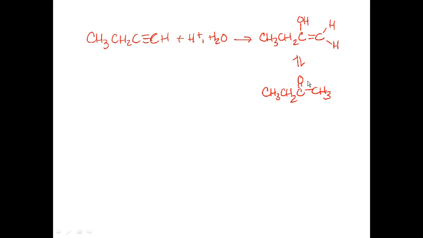So I end up moving this pair of electrons here, moving this pair of electrons up here to form the hydrogen. So this would be my final product of the reaction.